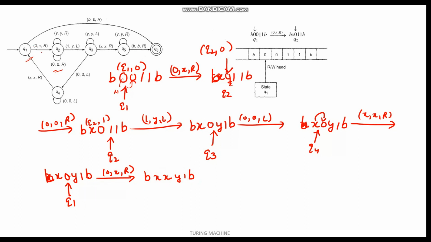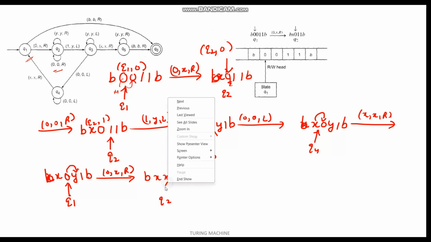So we say when q1 is given 0, the state changes to q2. And this q2 will point towards where? It will shift towards right, that is from 0 to y.